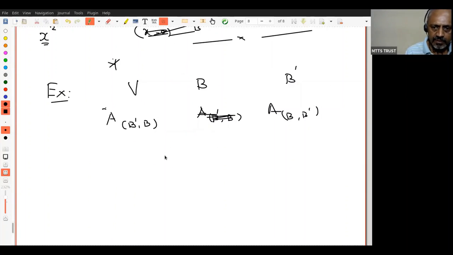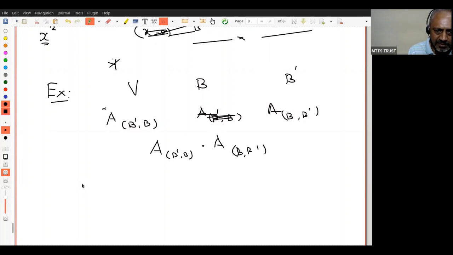Right? Now what do you think if I take this matrix A B dash B and multiply it with A B B dash? Try to understand, make a guess.